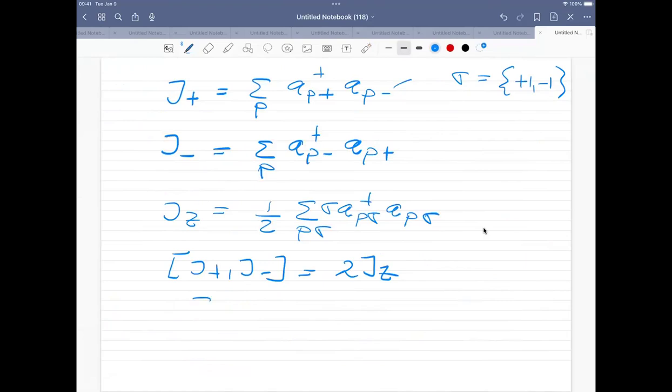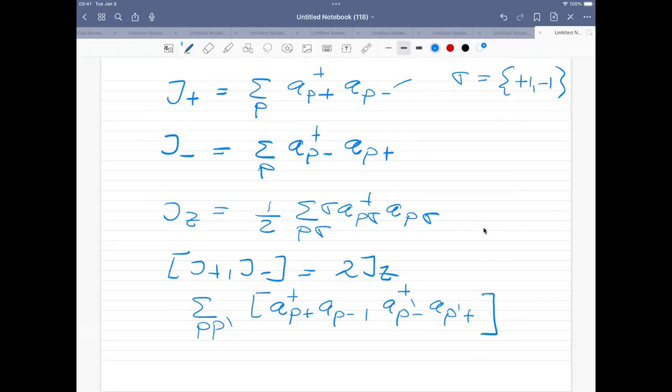That is going to be equal to a sum over p and p prime. And now I'm simply setting up the commutator, which is given by a_p plus, a_p minus, and then a_p prime minus and a_p prime plus.